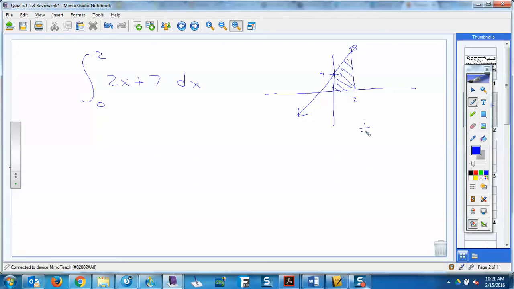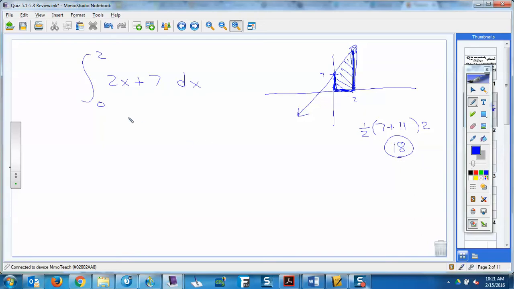It would be 1/2. What would be the base here? 7. What would be the base here? 11. Put a 2 into the function. And then the height of the trapezoid? 2. So this would be an answer of 18, right?